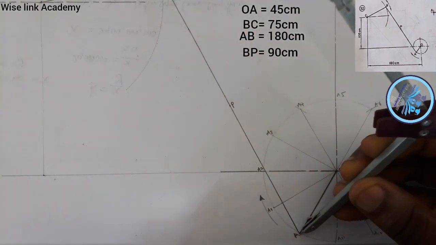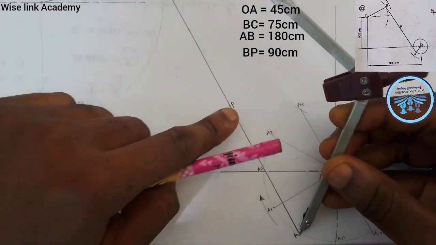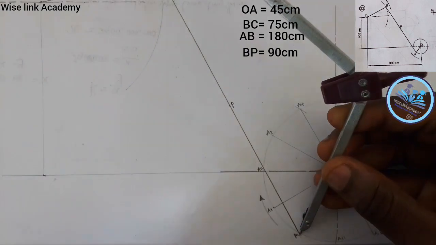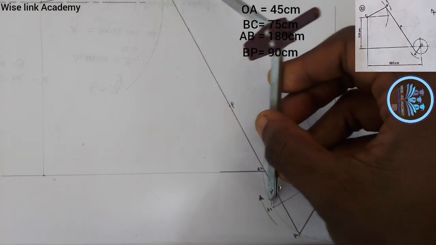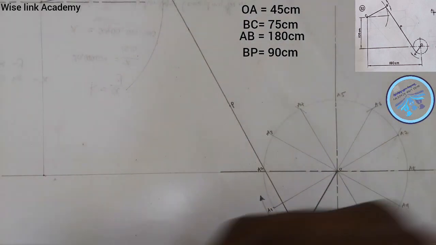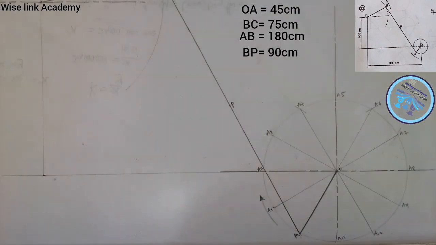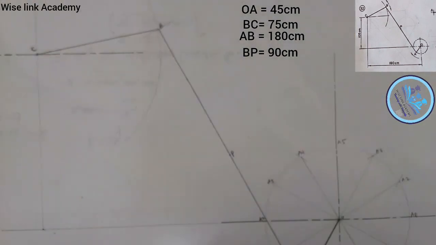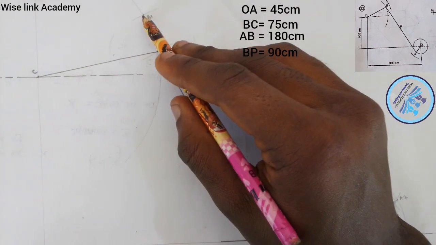What we did earlier is point A. We strike an arc to equate to point B and P. So similarly, we take it to point A1 and strike an arc. Where the arc cuts through is my point B1. This is my point B1. Let me show you. This point here is my point B1 on this arc here.